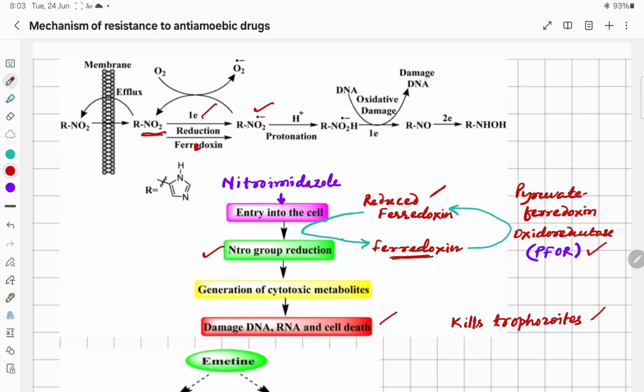Ferredoxin is first reduced by this enzyme, then used by the nitroimidazoles. This enzyme is the key enzyme in anaerobic metabolism, and is present in the protozoa Entamoeba histolytica.